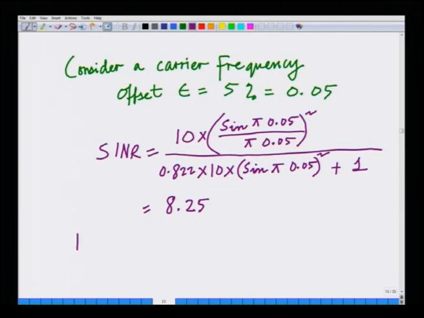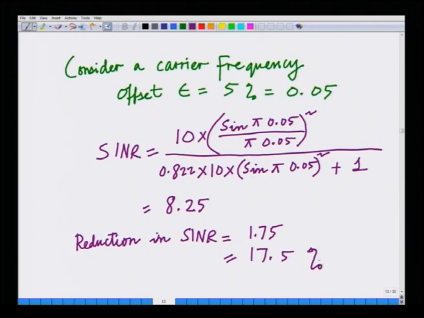Hence, the reduction in SINR equals 10 minus 8.25, which is 1.75, because out of 10 the decrease is 1.75, which essentially corresponds to a 17.5% reduction in SINR. Okay. So, because of a carrier frequency offset of 5%, epsilon equals 5%, there is a 17.5% reduction in SINR.